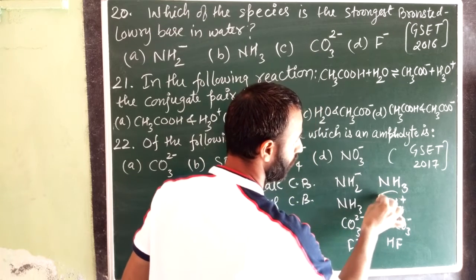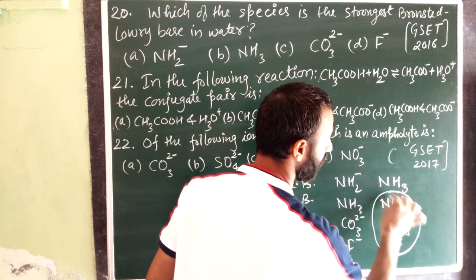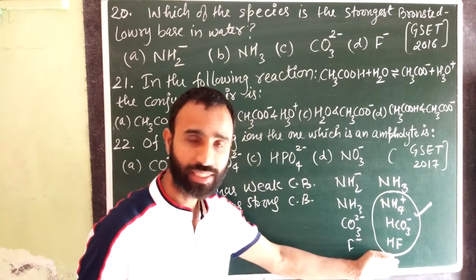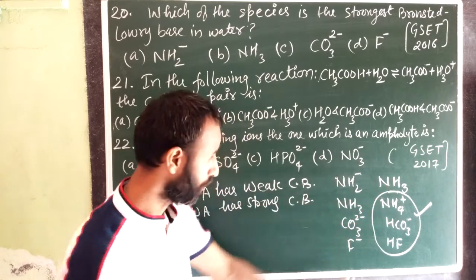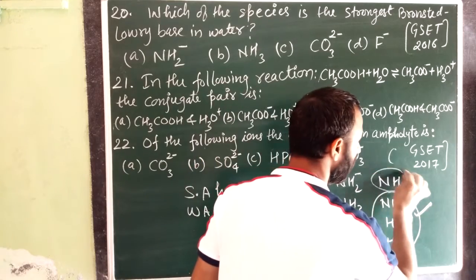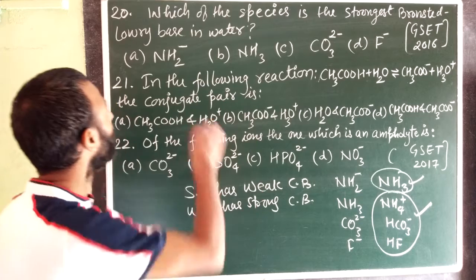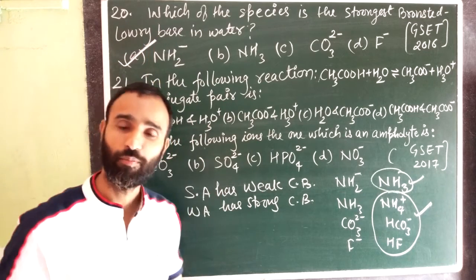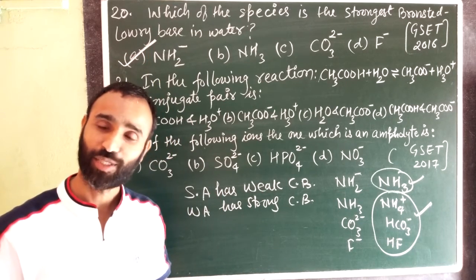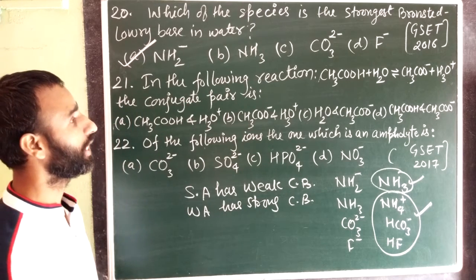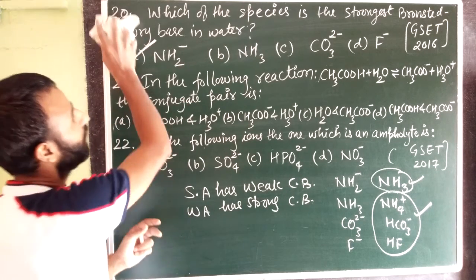So you know they can give H plus ion very easily. So they are stronger acids than ammonia. Out of these, ammonia is weakest acid. So NH2 negative is strongest base. That's it. Simple.